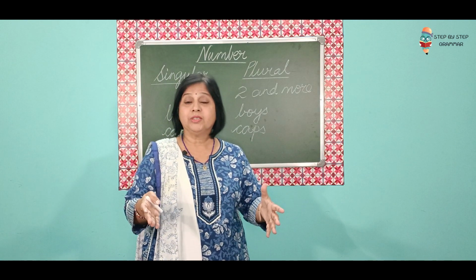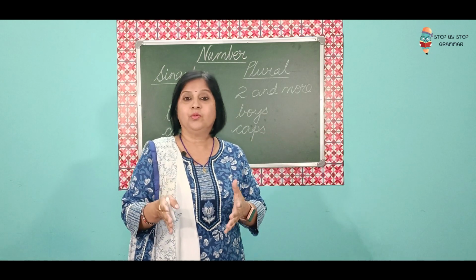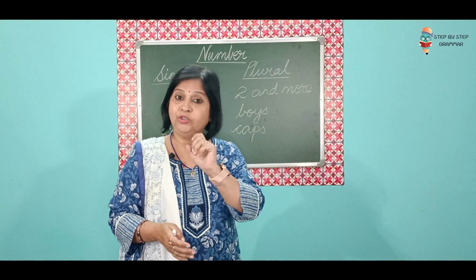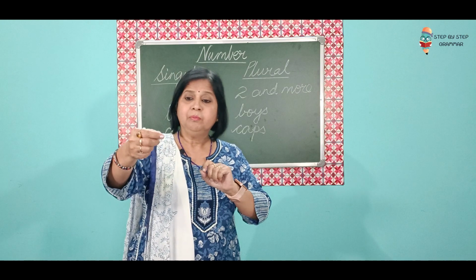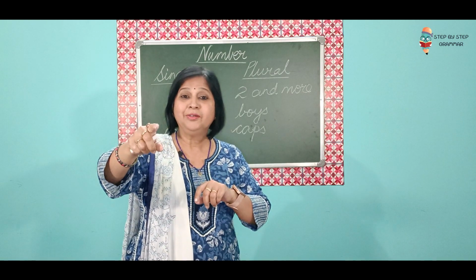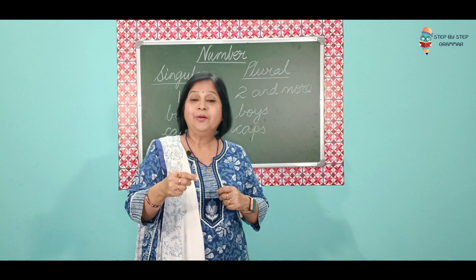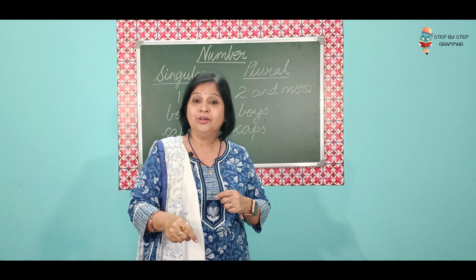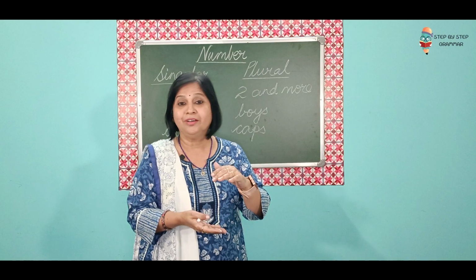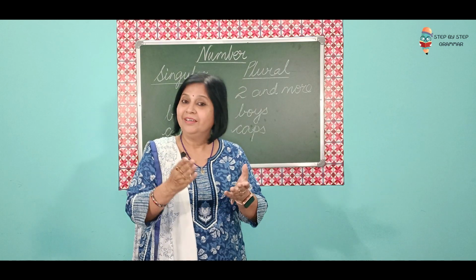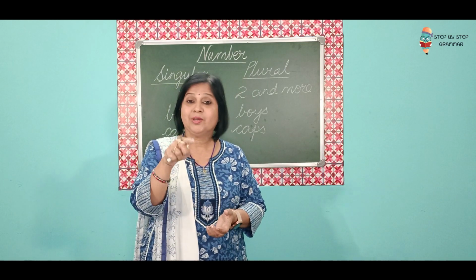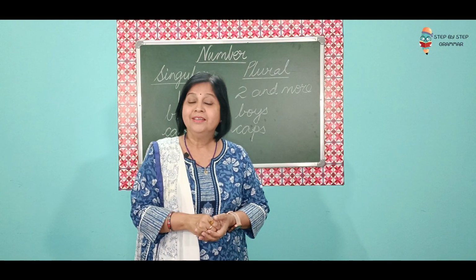a bucket of water, 2 tankers of water. Similarly, for sugar, we don't say, please add 2 sugar in my tea. No. What do we say? Either a teaspoon of sugar or a tablespoon of sugar, a jar of sugar, a packet of sugar. Same way for salt. We do not say 1 salt, 2 salt. Okay?